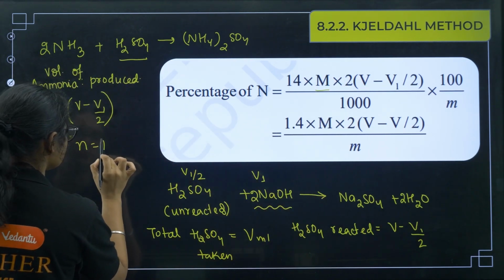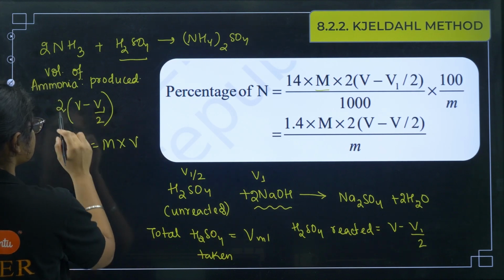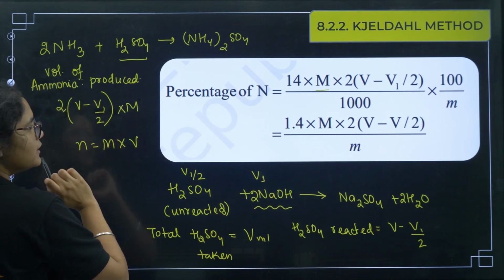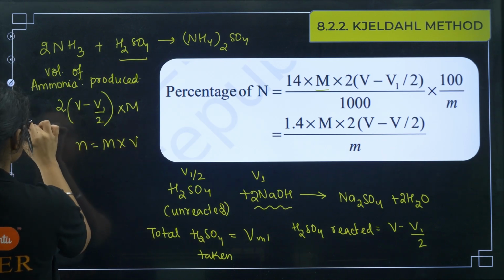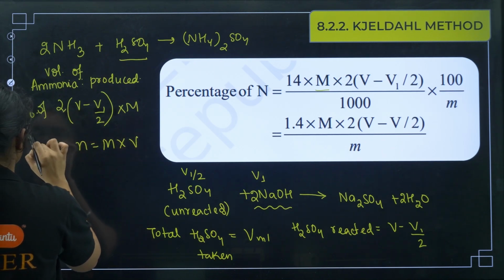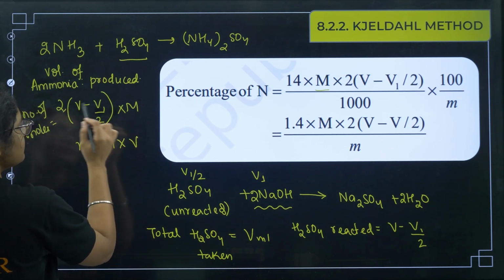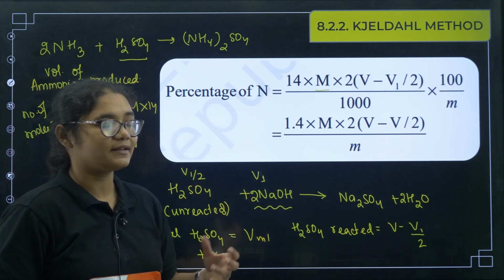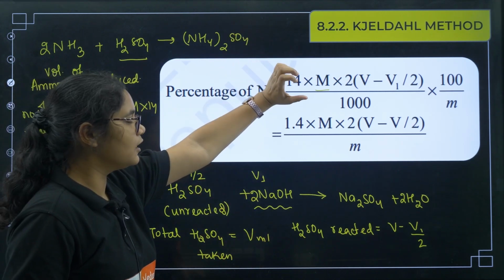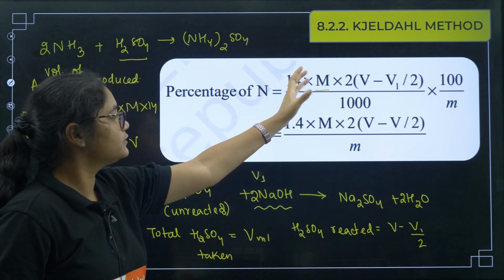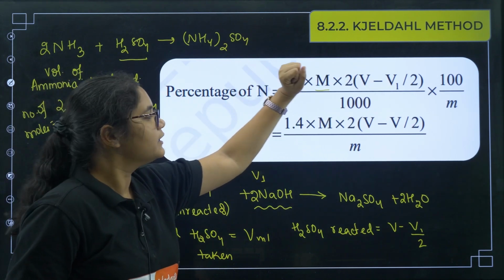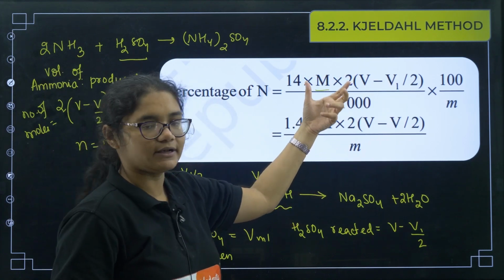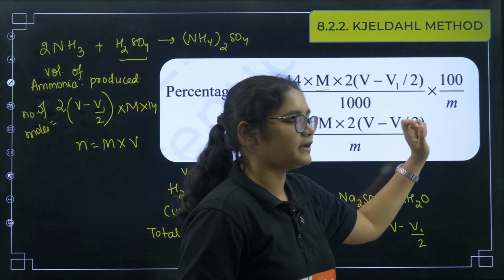Number of moles is equal to molarity into volume, so you multiply by molarity to get the number of moles of ammonia. Now number of moles into molecular mass 14 will give you the total mass of the compound. Divided by 1000, why? Because this volume is in mL, so we have to convert it into liters.